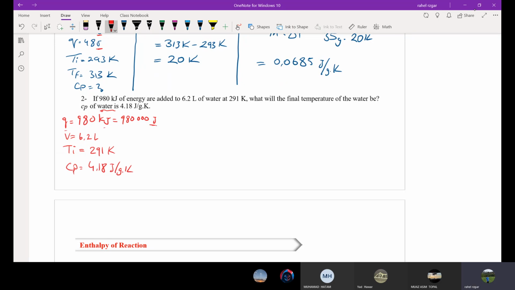That's the reason we have converted to joule, because the CP is in joule. Okay. But what is missing? Something is missing. One of the givens is missing. Delta T. Mass. Yes. We have to find delta T to know T final, but something else is missing, which is mass. Then how can we find mass?